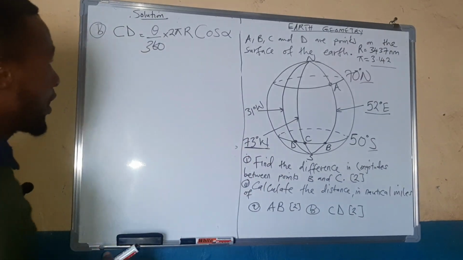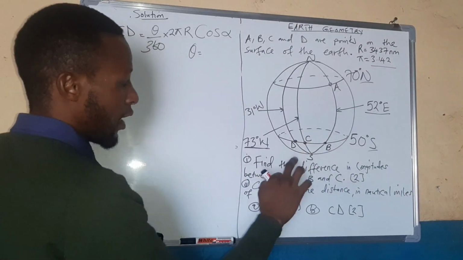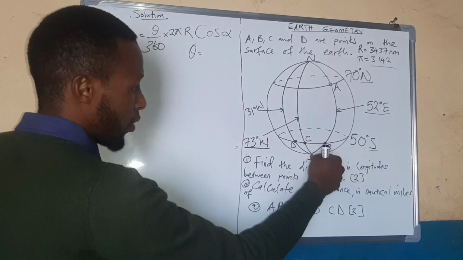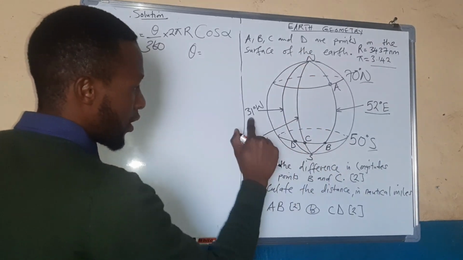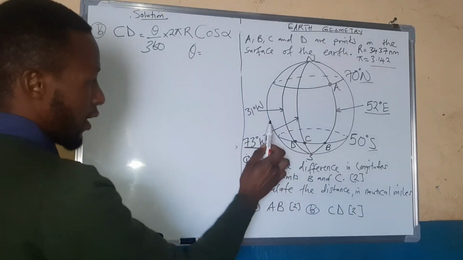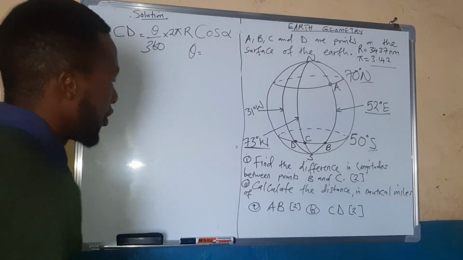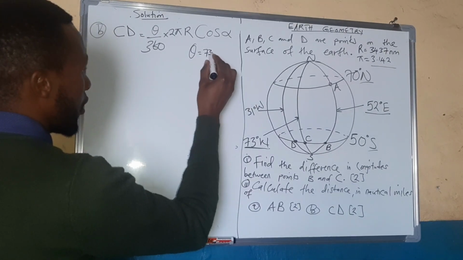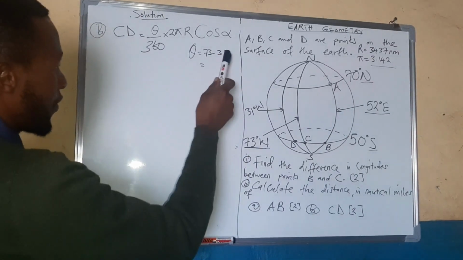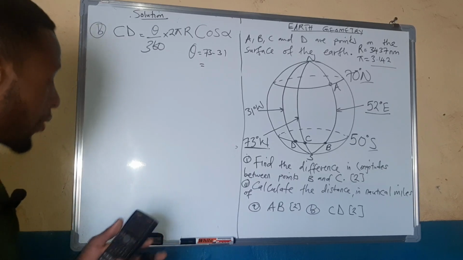Okay, so let us substitute. Now, on the theta here, we are going to have the difference in their longitudes, because C is on longitude 73 degrees west, D is on longitude 31 degrees west. In this case, because we've got similar poles, we find the difference in their longitudes. So here we're going to say 73 minus 31, where we get a 42.